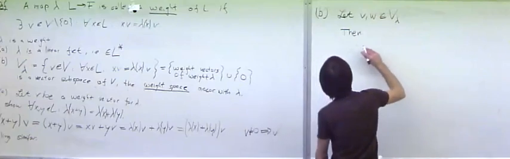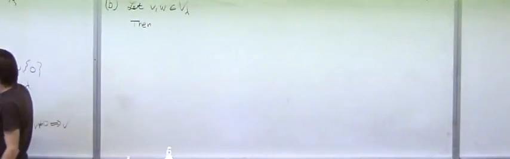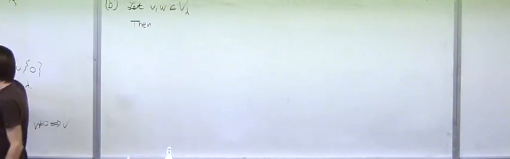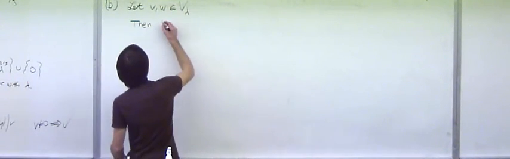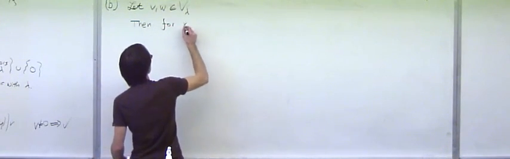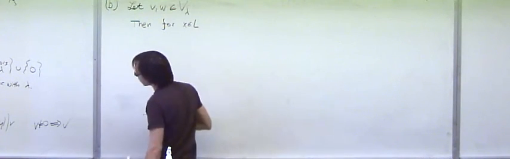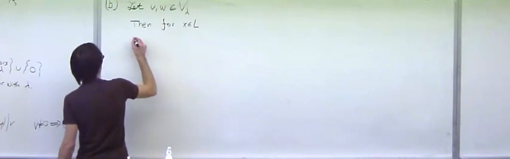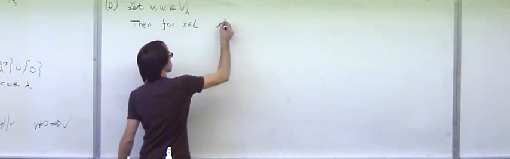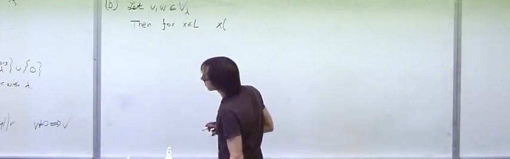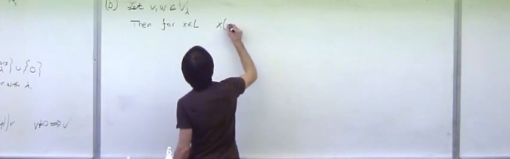So I have to show that v plus w is also contained in V lambda. So I have to show that v plus w fulfills this property. So I have to fix any element x of the Lie algebra and compute x times v plus w.